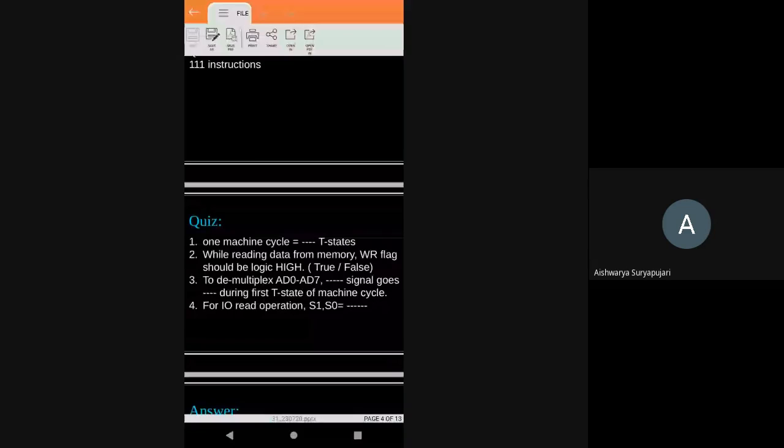Very nice. The first one is a little bit easy, but a little thinking is required for the second and third. So just read it calmly and patiently and give the correct answer.